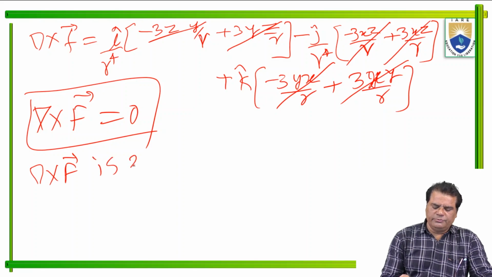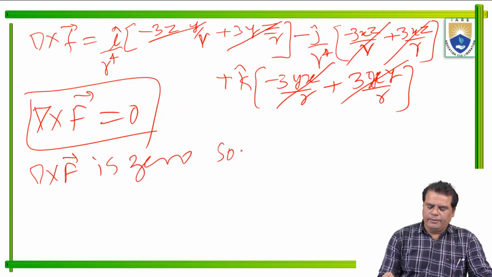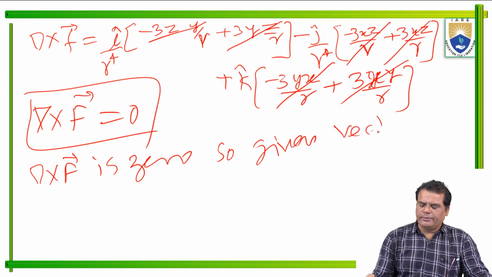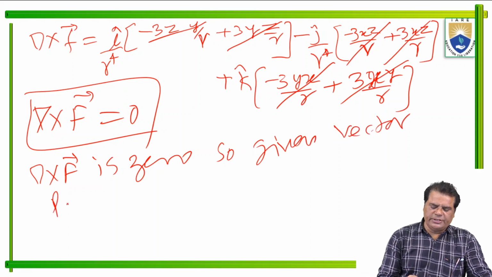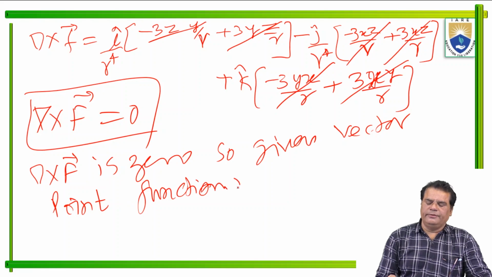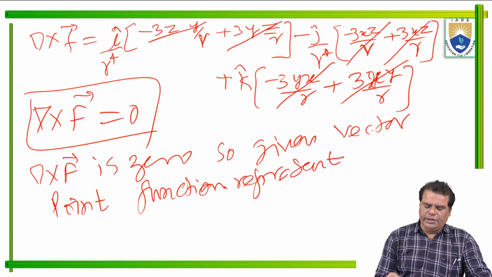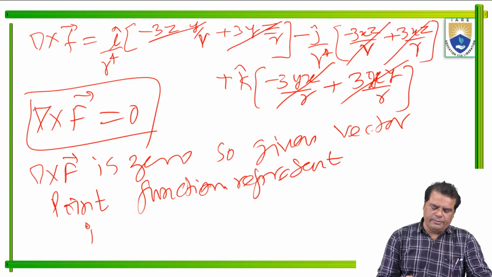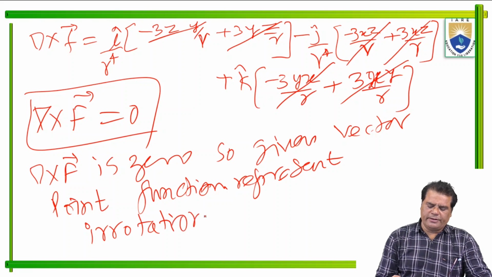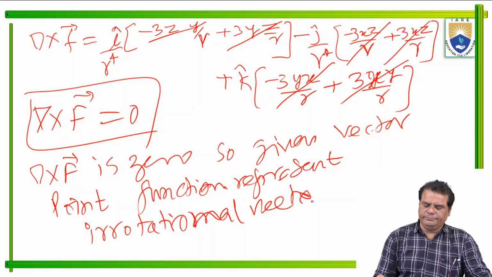So the given vector point function represents an irrotational vector. Okay.